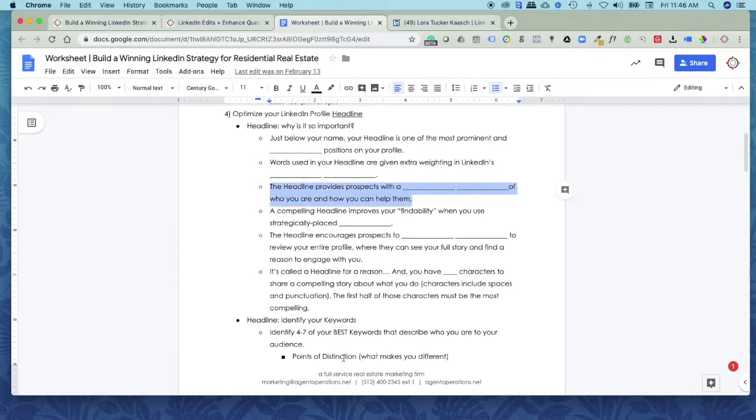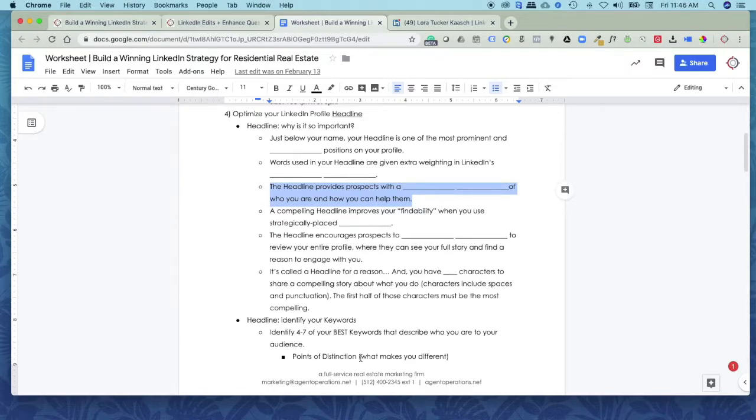Next, the headline provides prospects with a concise statement of who you are and how you can help them. So in other words, you're going to want to think about that mini marketing plan that you completed with us. And you're going to want to think about your ideal clients.